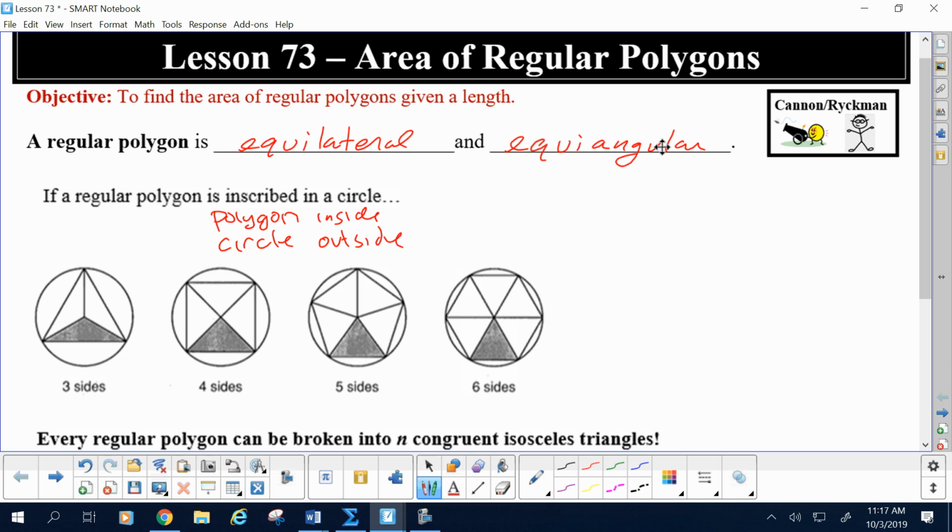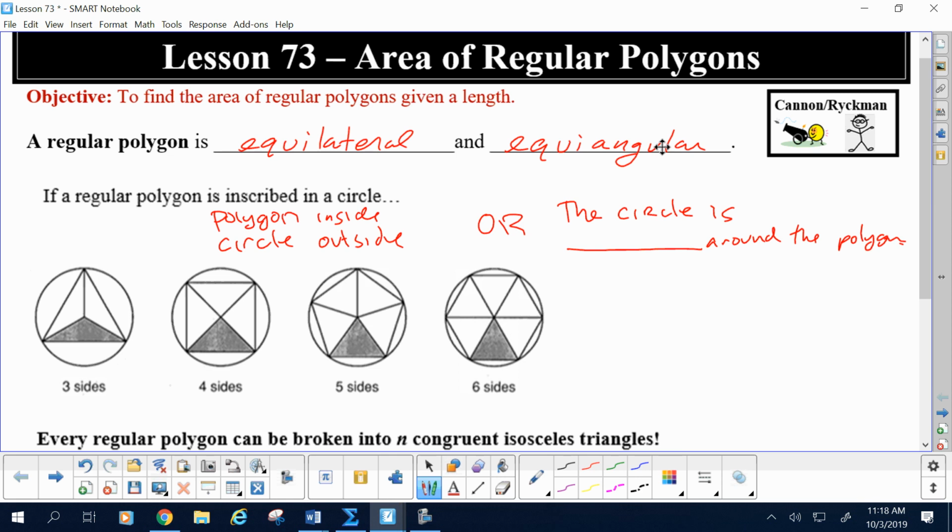Because most people don't have a problem understanding inscribed. However, in a couple days, they're going to say this a little differently. You could also say the circle is blank around the polygon. And rather than say the polygon is inscribed, they'd say the circle is.